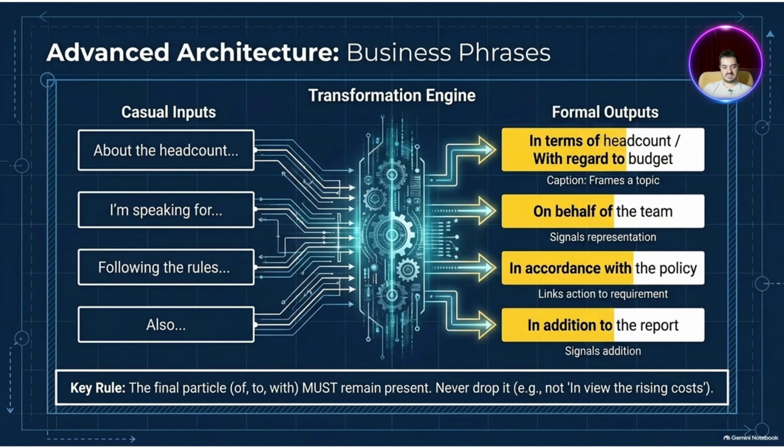The final particle of, to, or with must remain present. Never drop it. For example, not in view the rising costs, in view of the rising costs, or in terms of the headcount, or with regard to the budget. The of or to is a part of that prepositional phrase, so they should never be dropped.